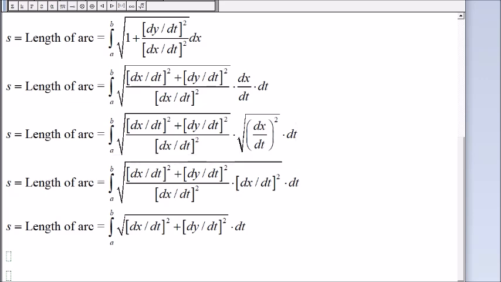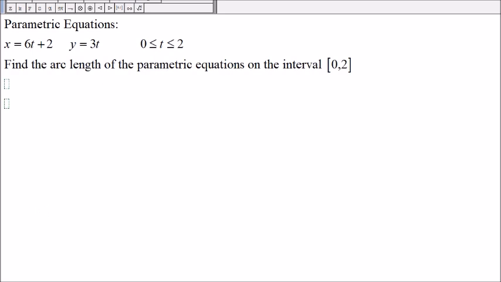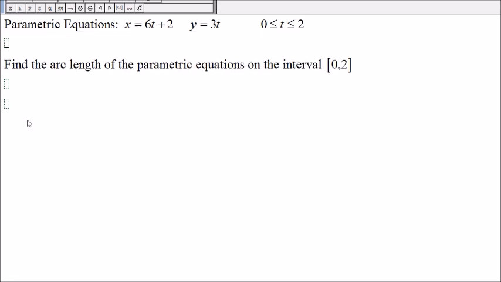Now let's look at an example. So here we have the parametric equations x equal to 6t plus 2, y equal to 3t, and we want to find the arc length on the interval from 0 to 2.